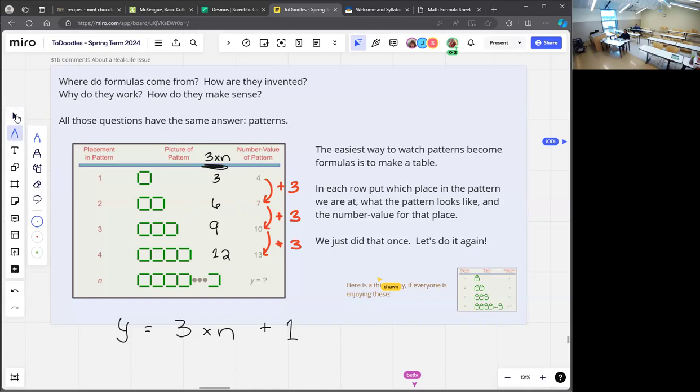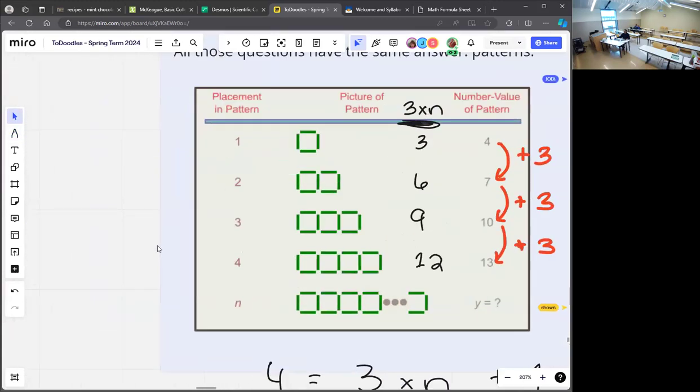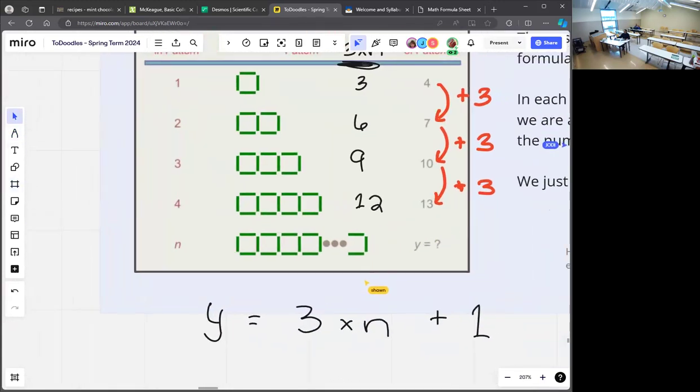If you're looking for where that's happening, ignore me if pictures don't help you much. What's happening is like this wall, that's the +1. And then the first row has 3 plus that wall. The second has 3 and 3 plus that wall. The third row has 3 and 3 and 3 plus that wall.